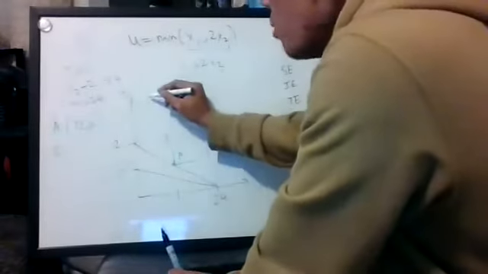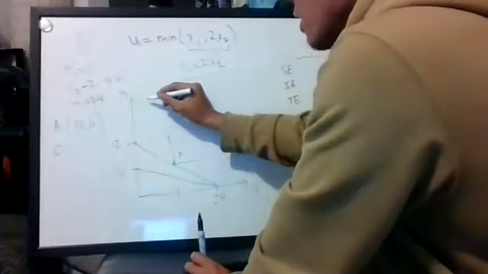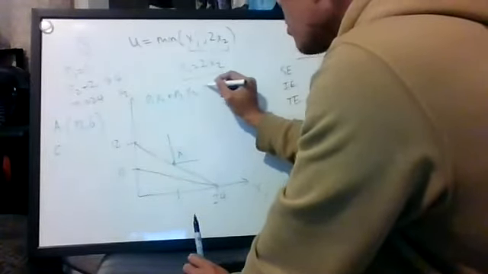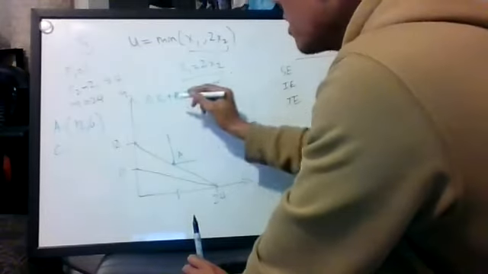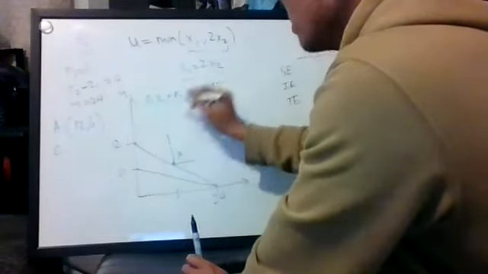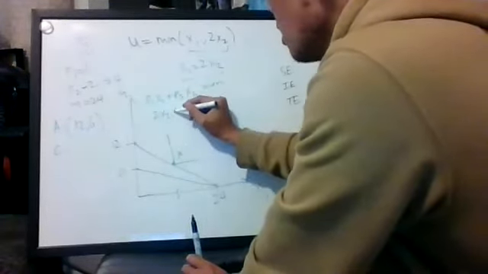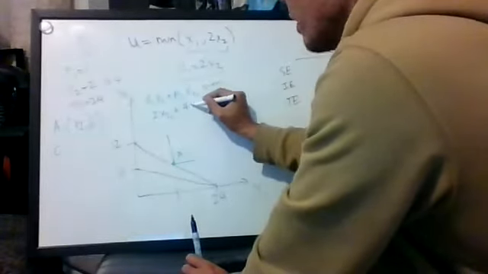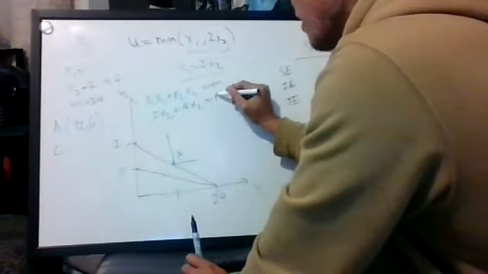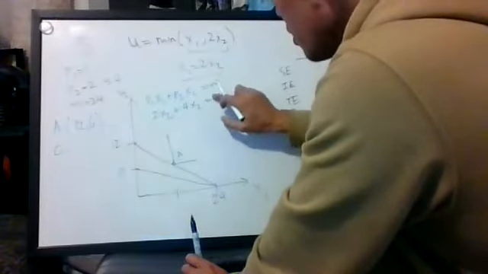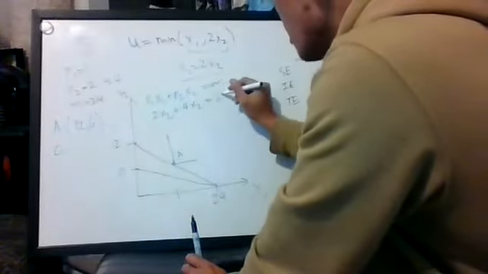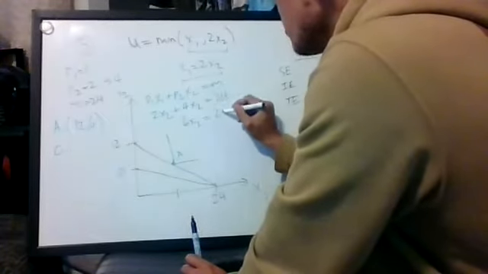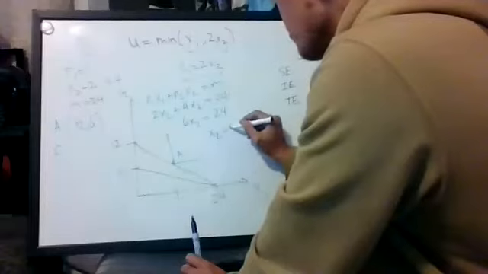So P1 is still 1, so P1 x1 plus P2 x2 is equal to m. P1 stays the same and x1 stays the same, so this is 2x2. But now we have it that P2 is 4. So we have 6x2 is equal to m, which we know is already 24, which means that x2 is equal to 4.